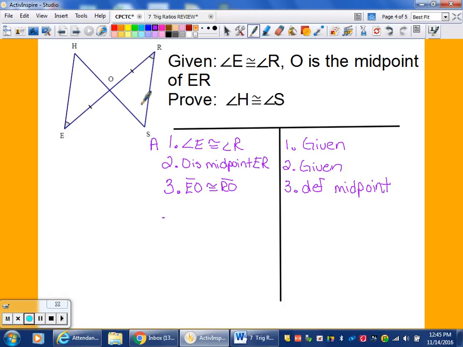Alright. So look, they already marked that for me too. That's a side congruence, so put an S out there. Do I have another congruence up here that is not marked? Yeah. What?